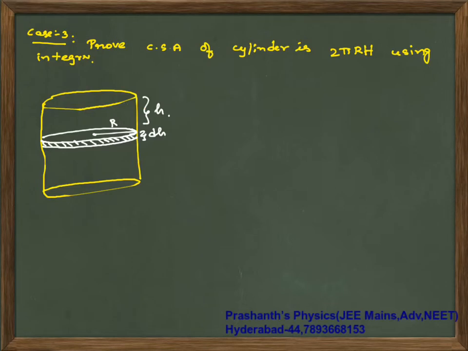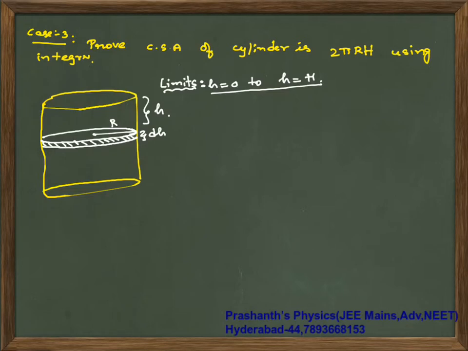Now your limit should be from h equal to 0 to h equal to capital H, because you are adding up small strips from h equal to 0 to h equal to capital H. Now you may ask me, sir, how are you getting the strip exactly like this? You are going to get the strip like this because I know that we are going to use it.